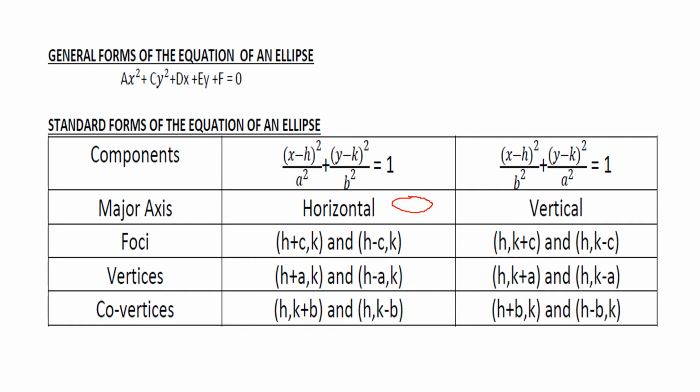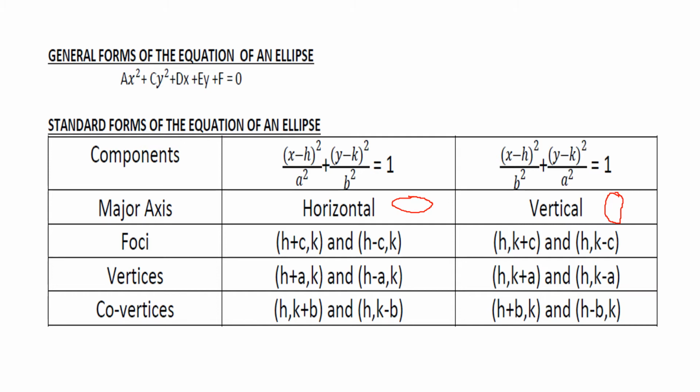And if it is in the form quantity of x minus h squared all over b squared plus y minus k squared all over a squared equals 1, take note that a here is always our major axis and b is always our minor axis. So if the denominator under the y minus k quantity squared is greater, then our ellipse is in the vertical form, which is nagapatindog ang ating ellipse.